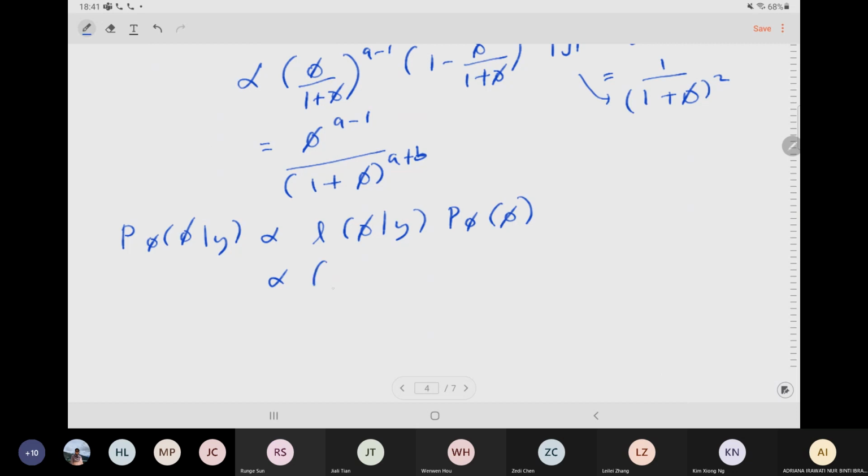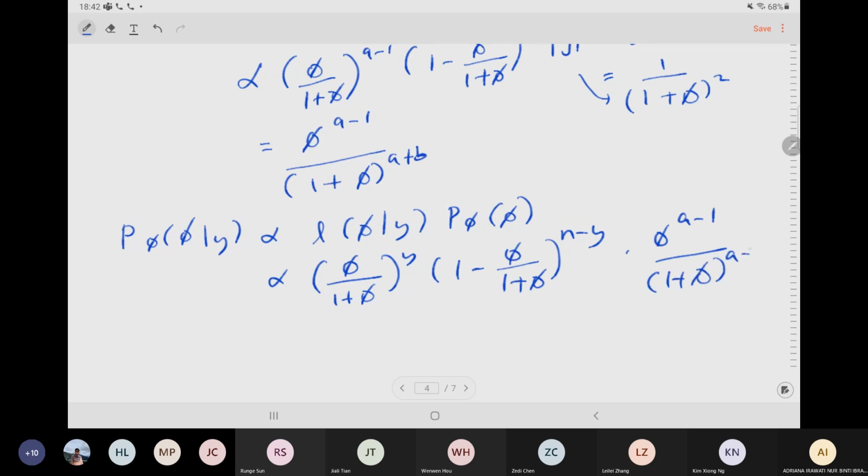Your kernel is theta to the y, 1 minus theta to the n minus y. So you have phi over 1 plus phi to the y, 1 minus G inverse phi to the n minus y, multiplied by your prior from just now, over 1 plus phi to the a plus b. Then you will have phi to the y plus a minus 1.